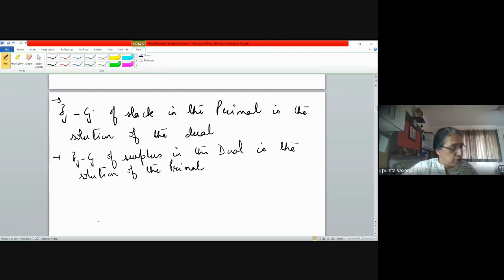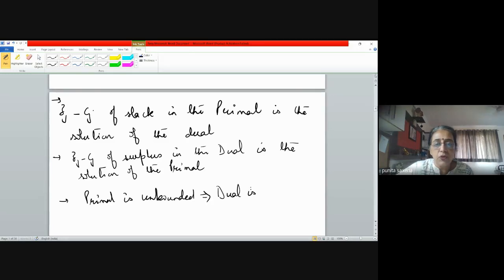Just remember one thing: if the primal is unbounded, that means your dual is infeasible. So you don't have to solve the dual then. You just solve your primal and conclude that your primal is unbounded. Then you can clearly mention that the corresponding dual is going to be infeasible, so you are not going to get a solution for that.